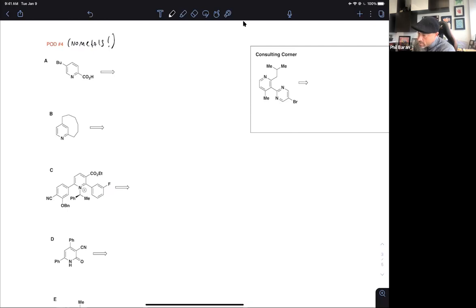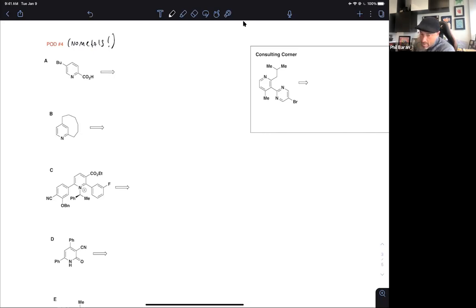However, if this is a substructure of something for which you simply cannot do metal-based chemistry, then it becomes really important that you have other methods at your disposal. So we will introduce a different reaction we haven't talked about as a useful way of making this type of compound.